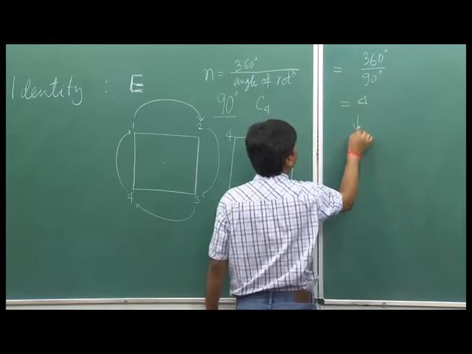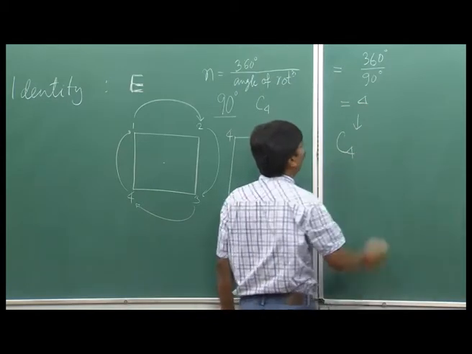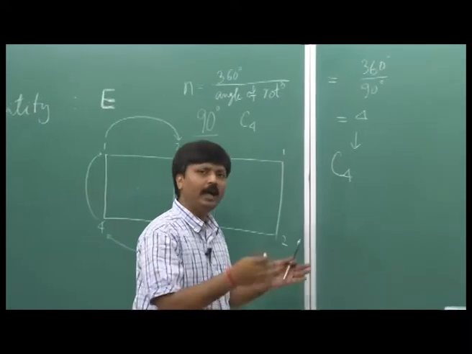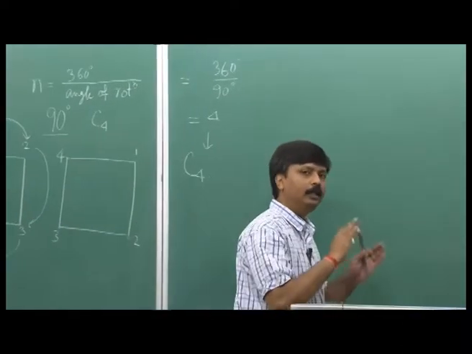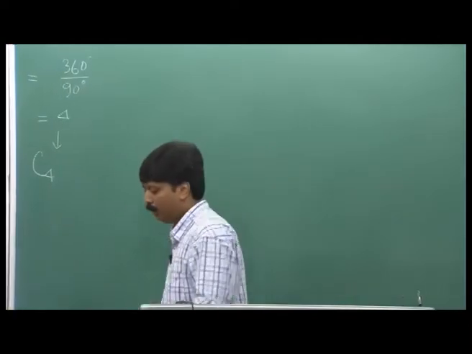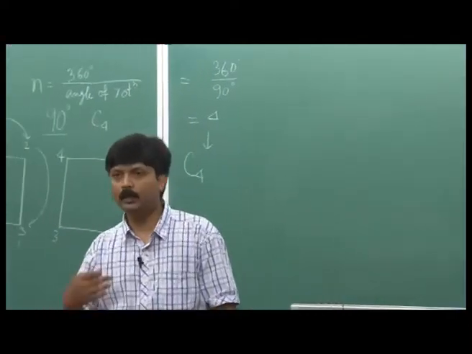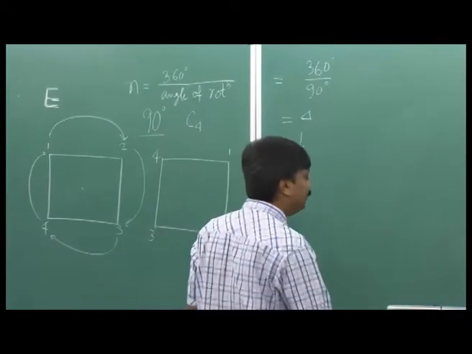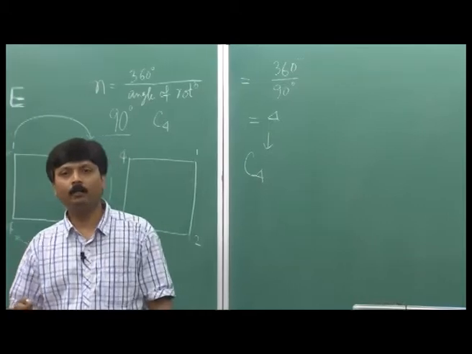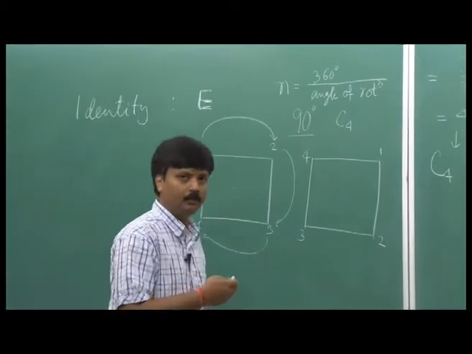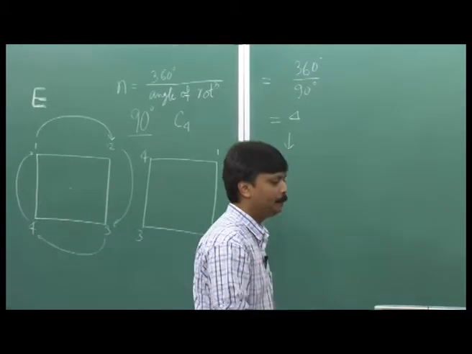So I have an axis C4. In that way, if I have a rotation of 60 degrees, 30 degrees, I can find out the order of rotation and the name of the particular rotational symmetry, that is C10, C8, C6, whatever. Okay. For a 60 degree rotation, for example, it will be C6 because 360 degrees divided by 60 degrees, right. So it will be C6.